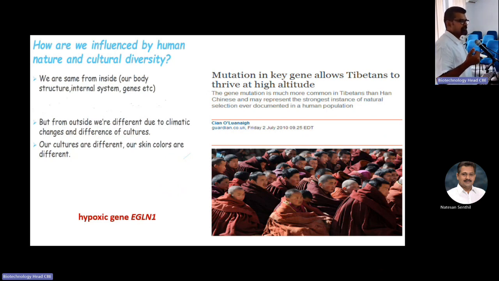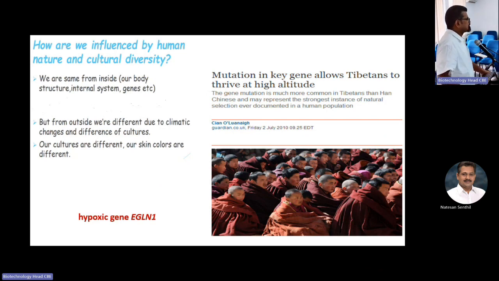They found that the mutation has made this Tibetan population adapt well, to survive, to do agriculture generation after generation, and thrive in the high altitudes where the oxygen level is very low, right? Whereas if we have to go there, many of us will feel suffocation. So that is one of the social genomic changes.